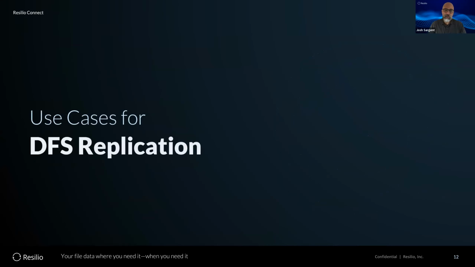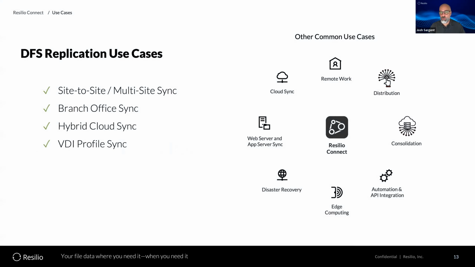Let's see, customers are using DFS for a number of reasons. Like I mentioned, Resilio Connect has a ton of different use cases, right? You can see we're focused on syncing files and folders. So you can imagine all kinds of use cases: remote work, cloud synchronization, pushing out software updates to thousands of locations, pulling data back in, protecting it, right? But customers are deploying DFS for a few reasons.